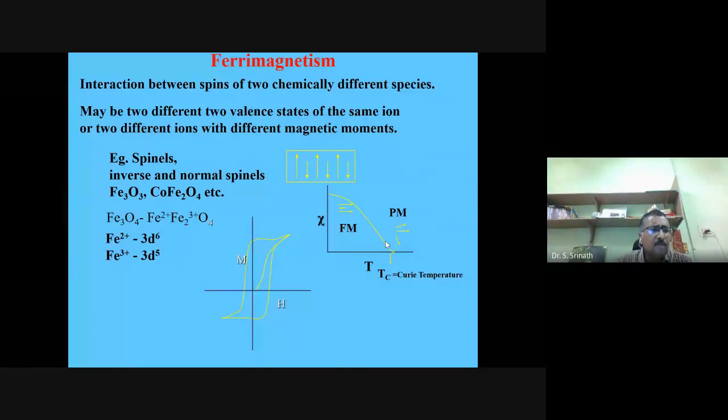Ferromagnets, I gave you some elemental examples like iron, cobalt, nickel, gadolinium, and dysprosium. But a lot of alloys and compounds also exhibit ferromagnetism, and the list is very exhaustive. Many of these ferromagnets have metallic character.